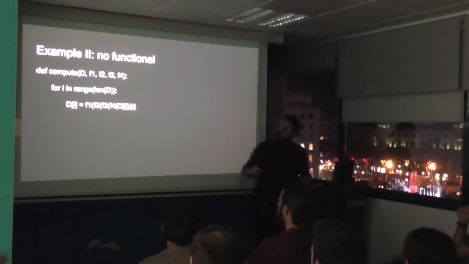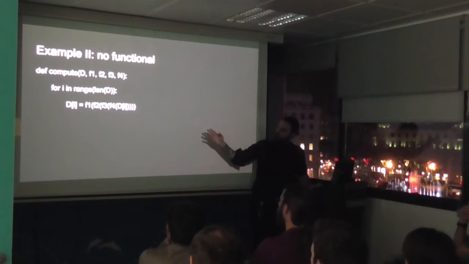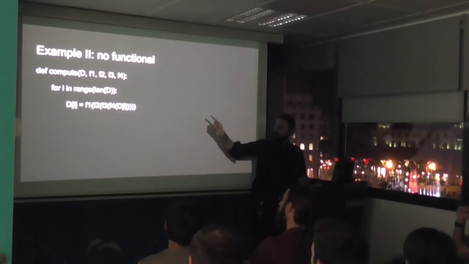That's ugly, and also you are overriding the values of D, and you are computing all at the same moment. Also, you are forced to use 4 functions. If you have 5 functions, you have to change the method.